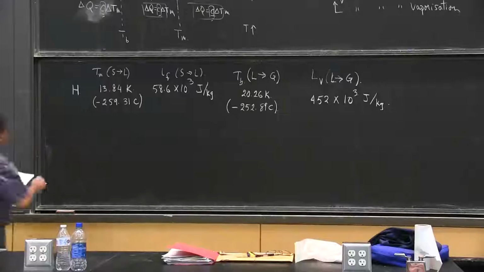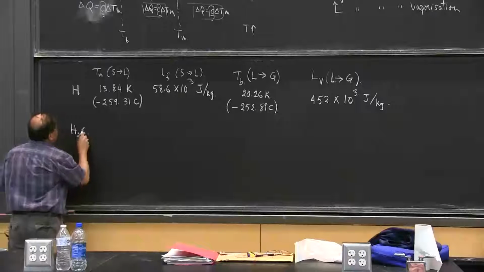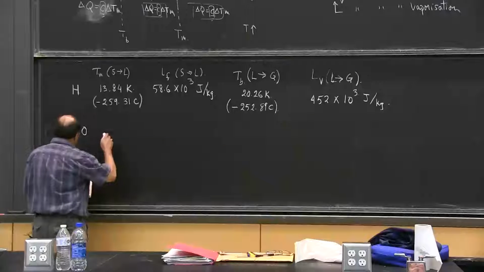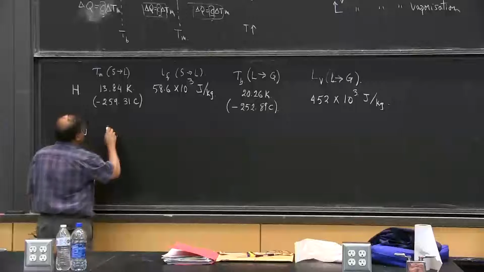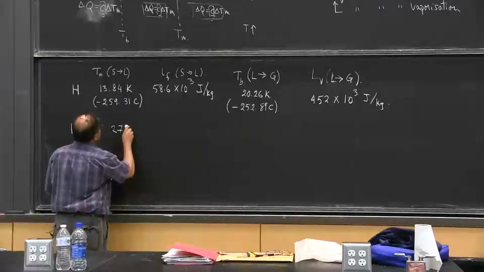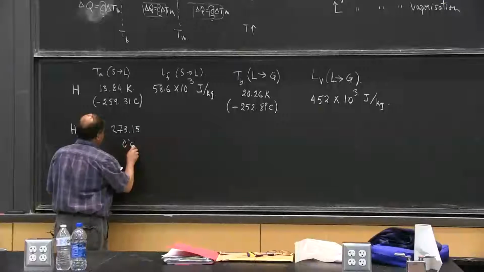Water, on the other hand, is also very interesting. That's basically what is responsible for life itself. You can't have life without water, as far as we know. And here, the solid to liquid is 273.15 Kelvin, or 0 degrees Celsius.